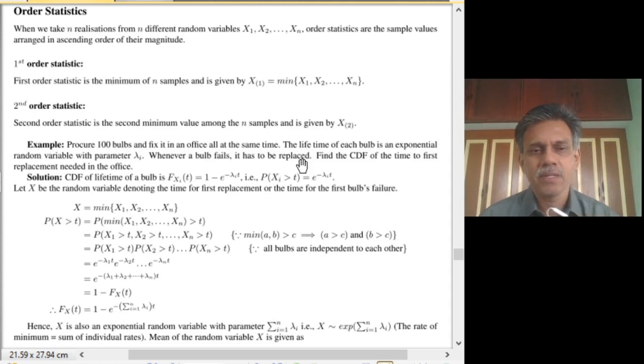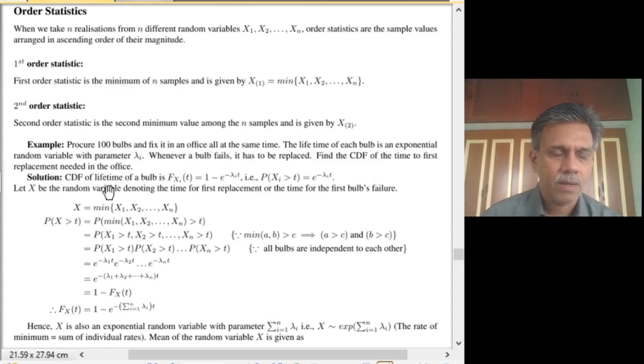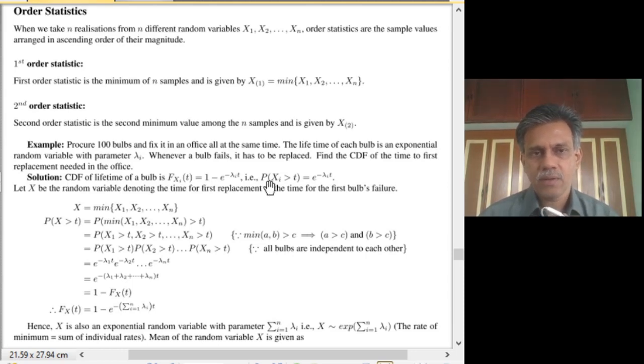So we would be interested in the PDF and then the CDF of the time at which a replacement is needed for the first time. In such problems, it is easier to work with the CDF. The CDF of the lifetime of the ith bulb, given by F xi of t, is 1 minus e power of minus lambda i t, and obviously the CCDF, given by the probability that xi is greater than t, is e power of minus lambda i t.